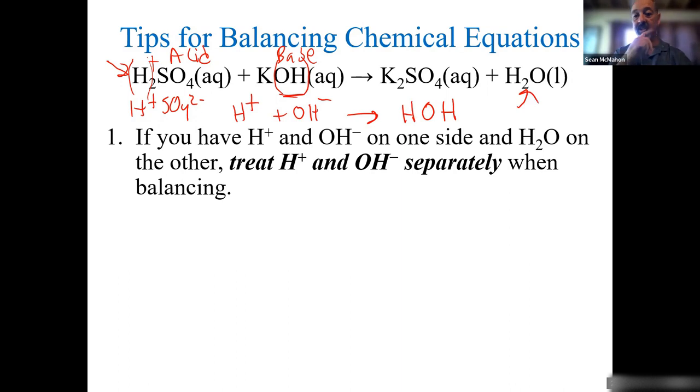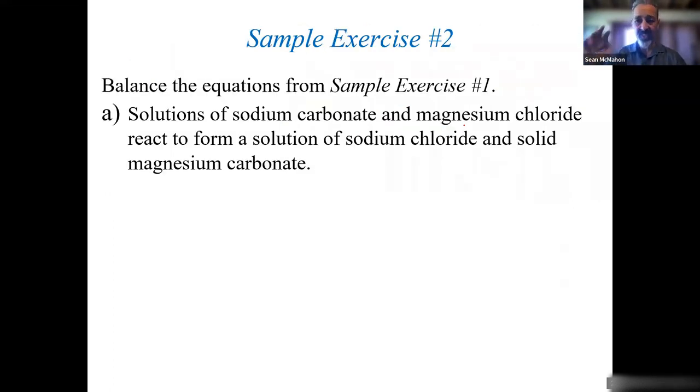So I always tell students, treat the H pluses and the OH separately when you're balancing neutralization reactions that have water, okay? And you can even write it as HOH to help you balance, but use that OH to let you know, hey, I'm gonna keep this separate, all right? You'll see later when we're doing a little more balancing.